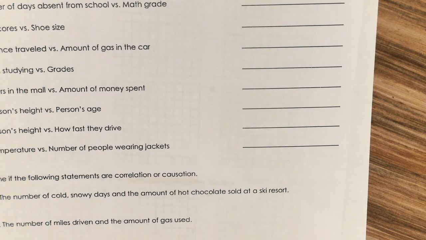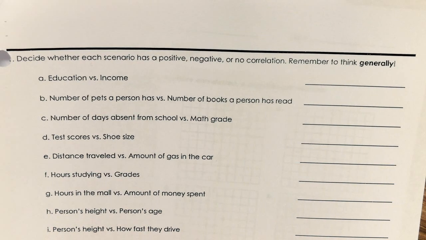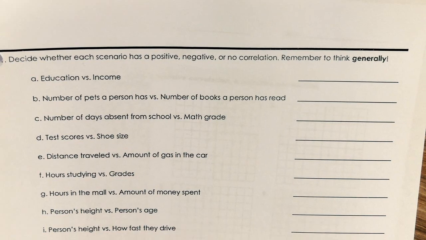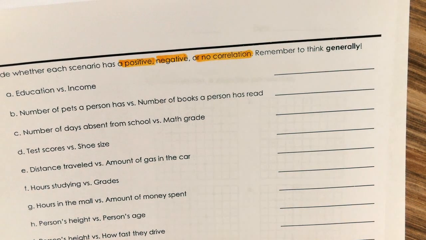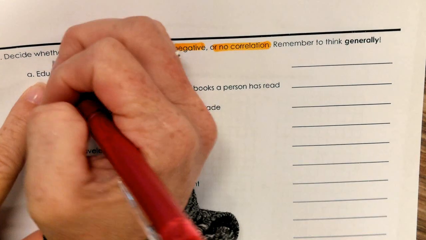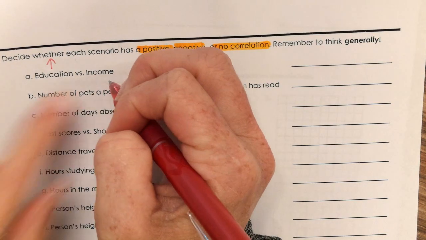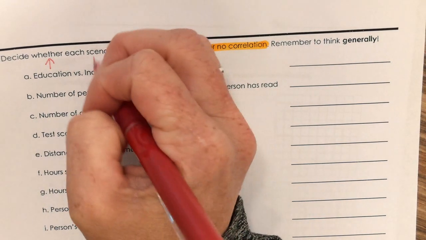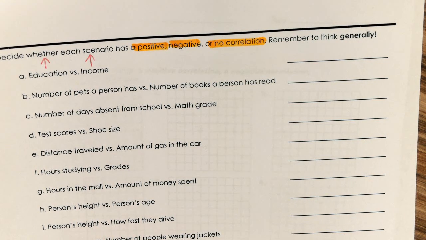And then on the back, at the top, you're going to write if the scenario has a positive, negative, or no correlation. I'll do letter A with y'all just to see. Education to income. So what you're going to say, as education goes up, what would income tend to do? So, really, the more educated a person is, the more money they tend to make.